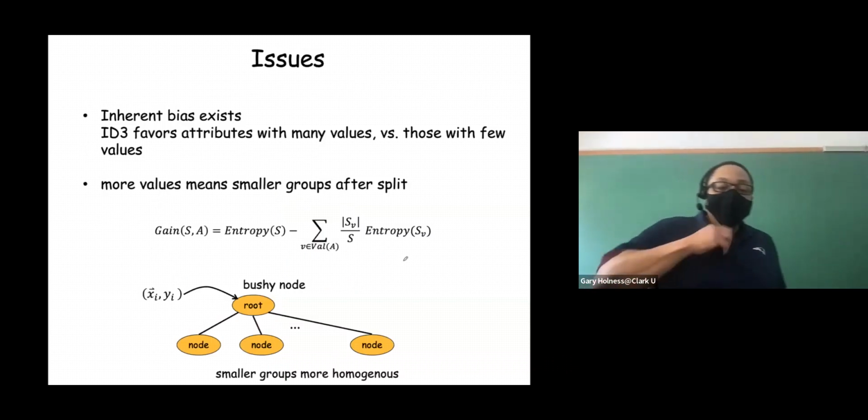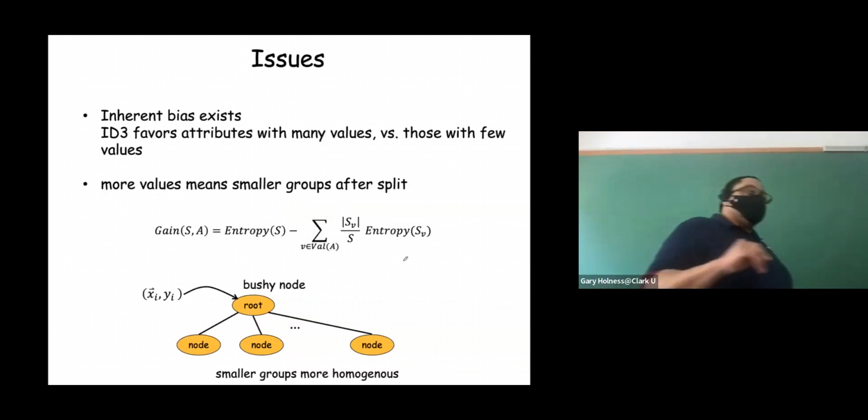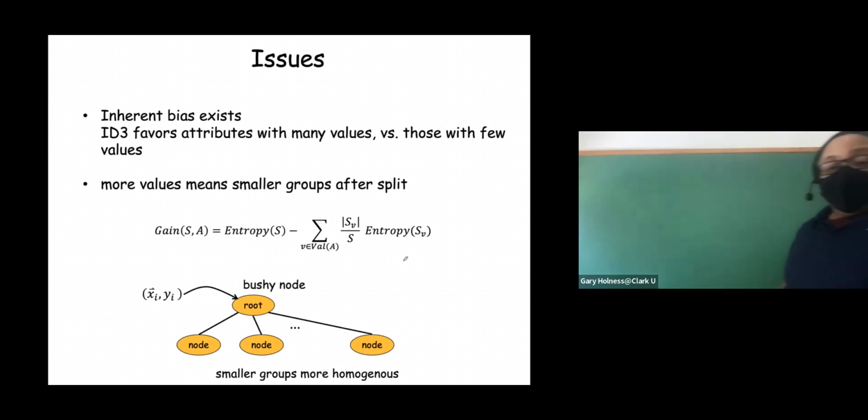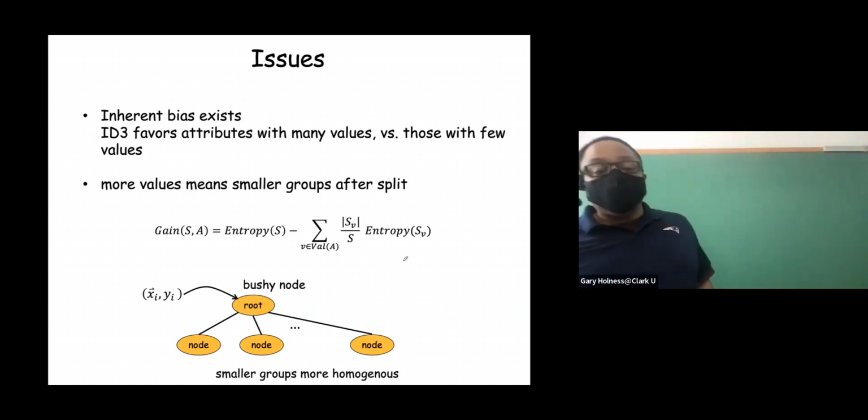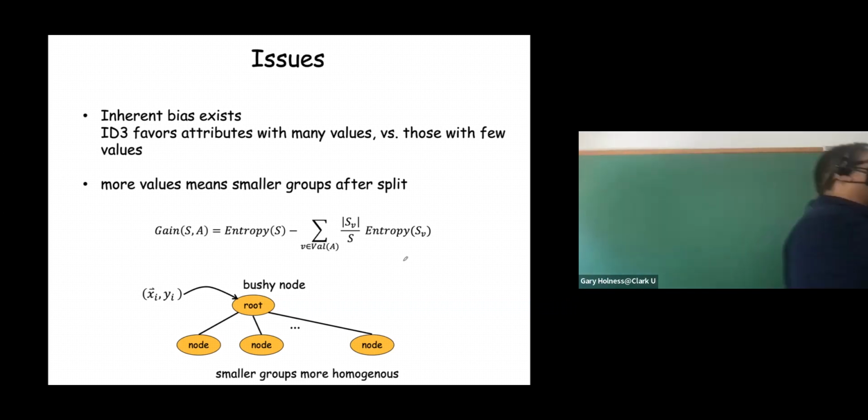And so there's a problem here with ID3. And ID3, it prefers attributes associated with tests that are quote unquote more bushy, right? That's not a technical term. If we have an attribute that has a really large number of values, that is going to be preferred by ID3 because when you have more splits, you have a fixed number of data points. Let's say you had 200 data points, and let's say one attribute had 50 different values.